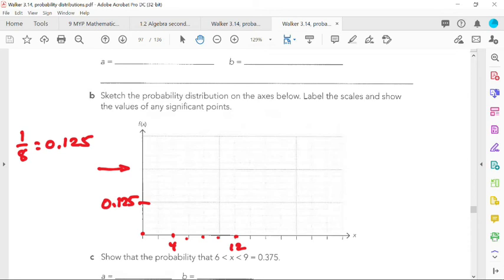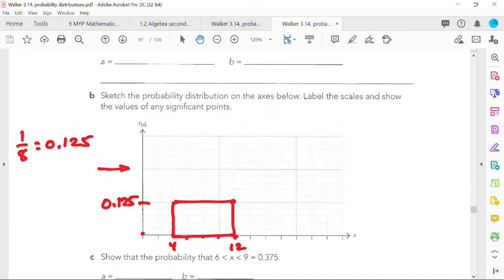They didn't tell us what scale to use, so we can use whatever we want. So let's draw a rectangle. And remember, the scales on the bottom and the top don't have to match. So there's our distribution. Again, you can use whatever scale you want. Just make sure that whatever scale you use on the bottom is consistent, and whatever scale you use going up or down is consistent.